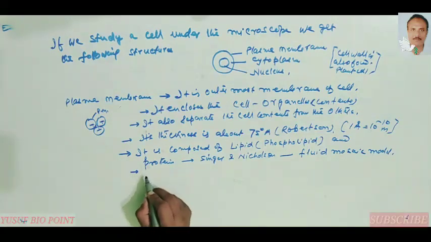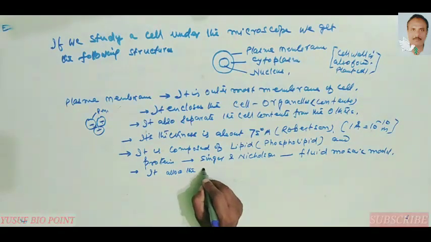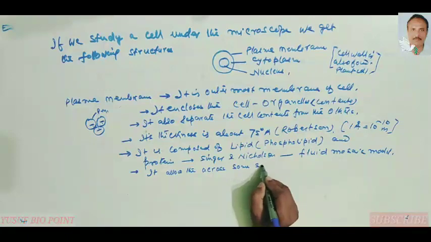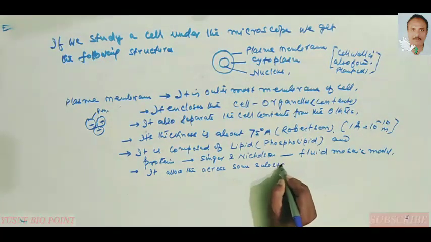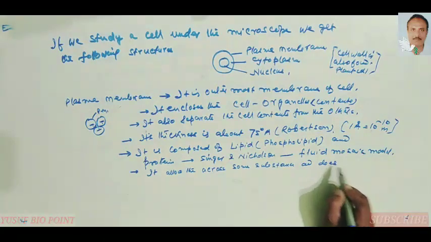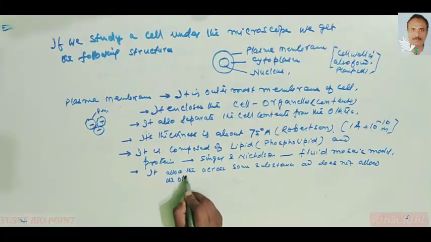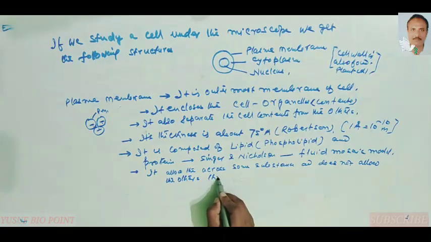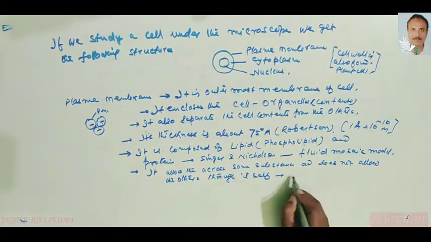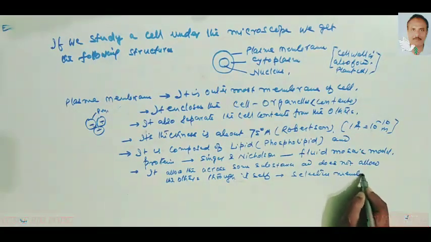One main thing is that it allows some substances to cross and does not allow others through itself, so it is called a selective membrane.